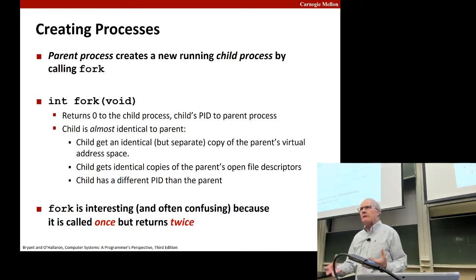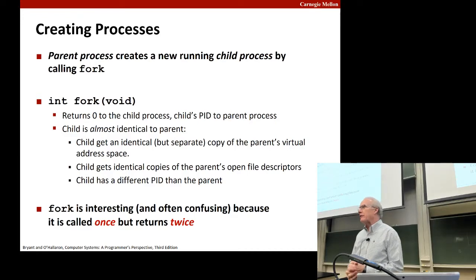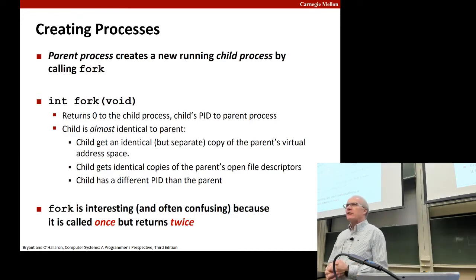And then we mentioned, from a programming perspective, the way you create new processes is by a call to fork. And fork is a very odd function in that you call it once, but it returns twice. It returns once to the original executing process, which is called the parent, but it also spawns a new process with a complete replica of all the state, including the program, whatever data has been created, even the state of the stack at that point.